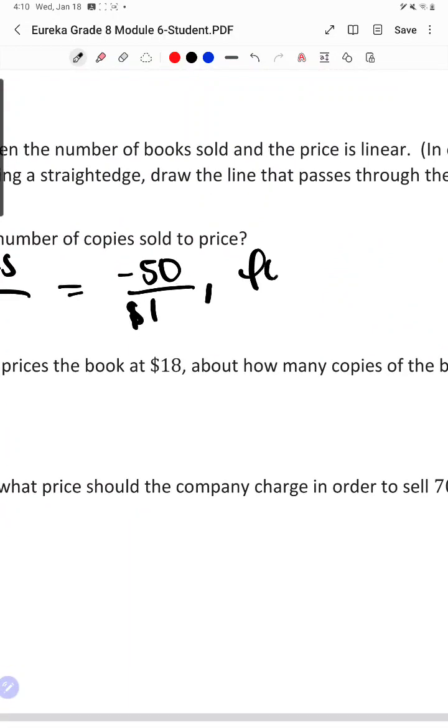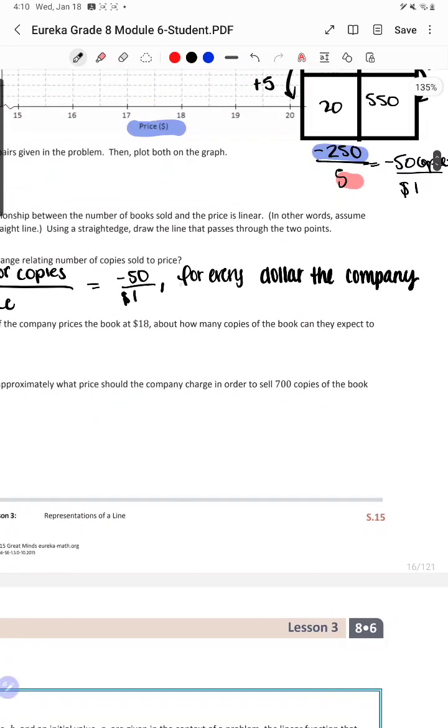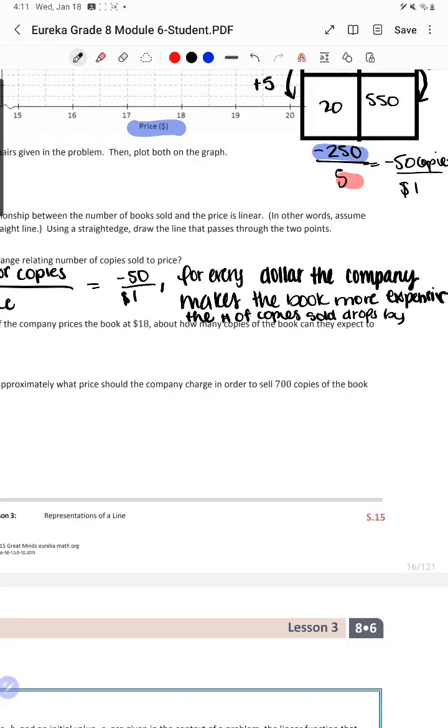That means for every dollar the company makes the book more expensive, the number of copies sold drops by 50.